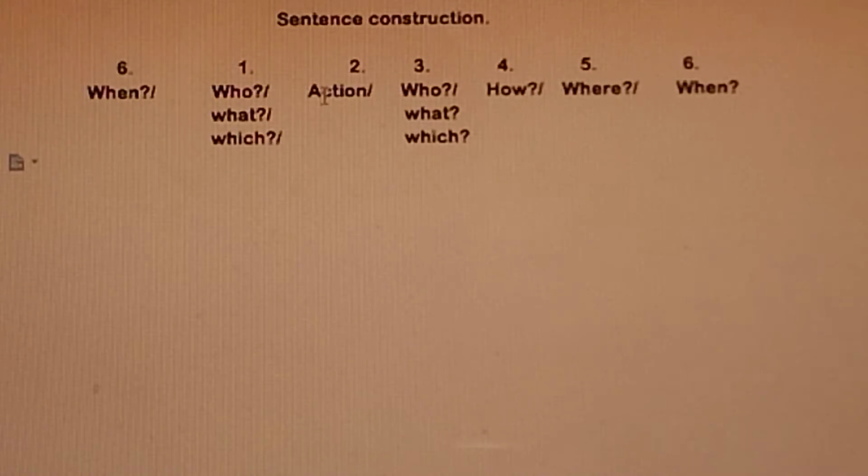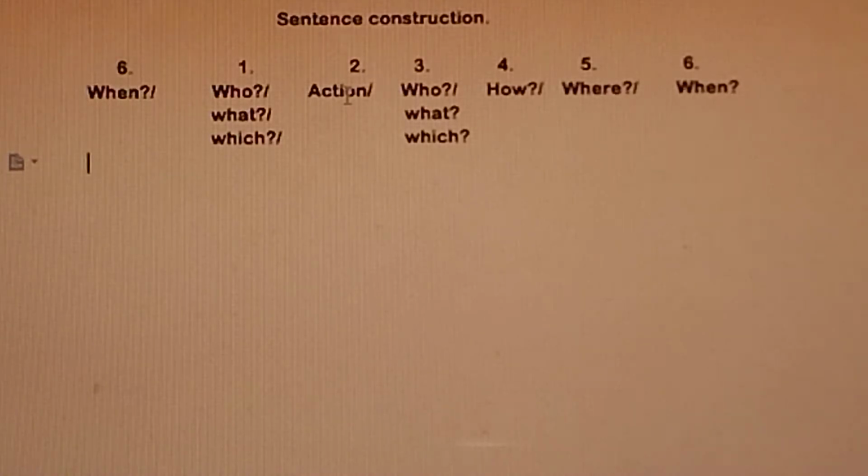The next one is the action. What action was done? For instance, go, went, sing, will all be under this part here, number 2. So those are the verbs in the sentence. Yesterday, who, I, did what? Went to the supermarket.